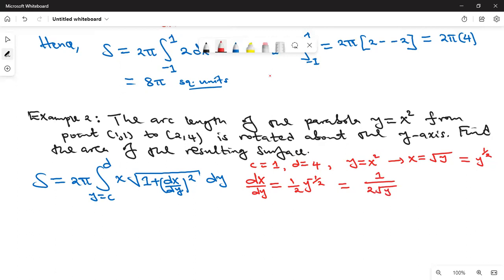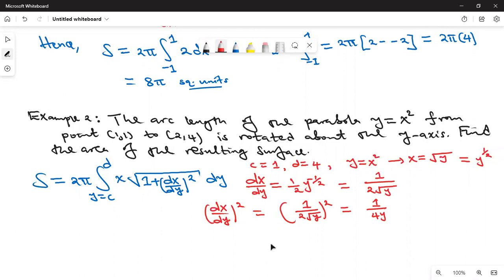I need to square it, so dx over dy squared is equal to 1 over 2 root y, and this is supposed to be squared. It's the same as 1 over 4y.